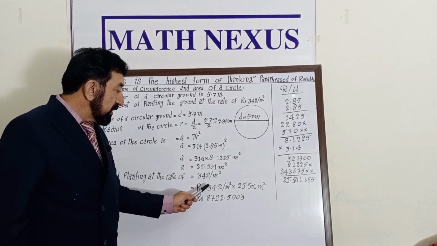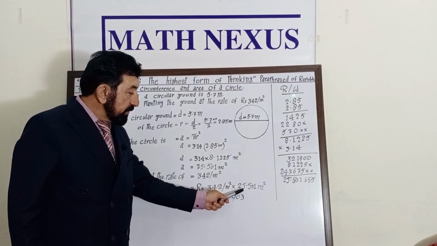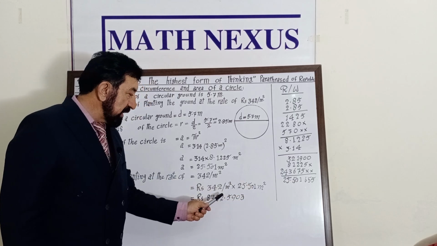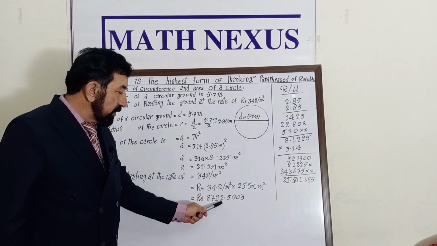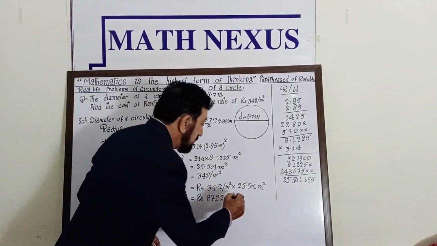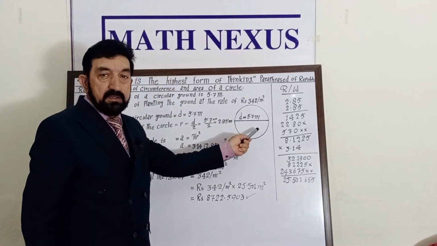Multiply 342 per meter square into 25.501 meter square. Meter square cancel. This is equal to 8,722.5903. This is the cost of planting this circular region.